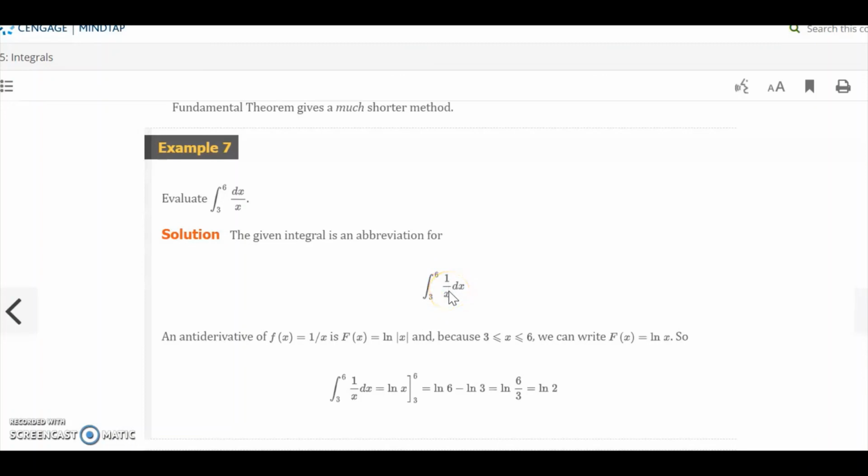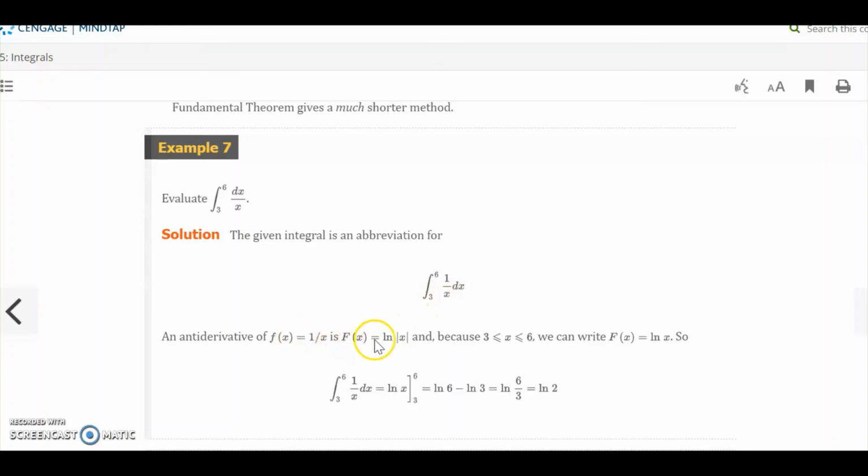Well, what's the antiderivative of 1 over x? This one's a little tricky. To help you figure it out, maybe try using the power rule and you get dividing by 0, which is illegal in math. So you know it's going to be something special.